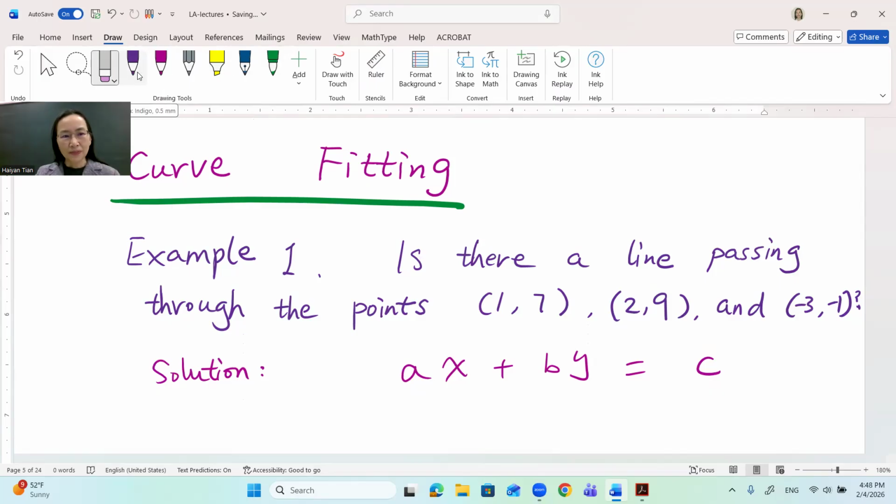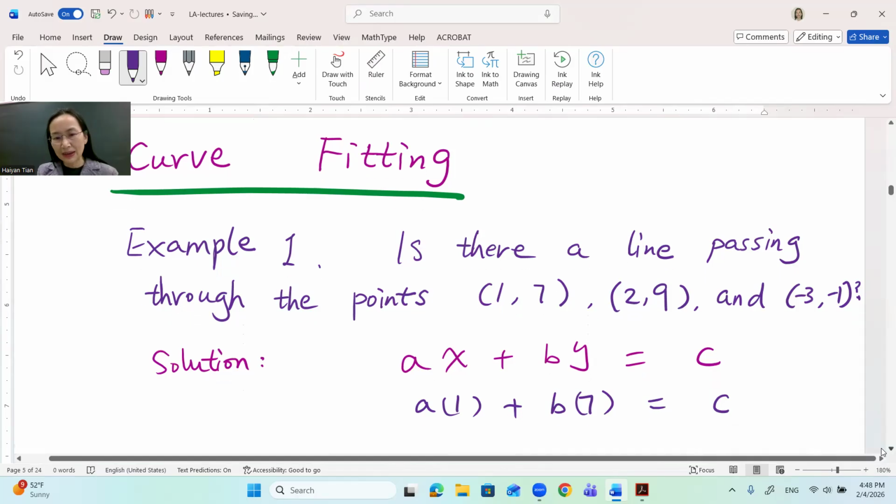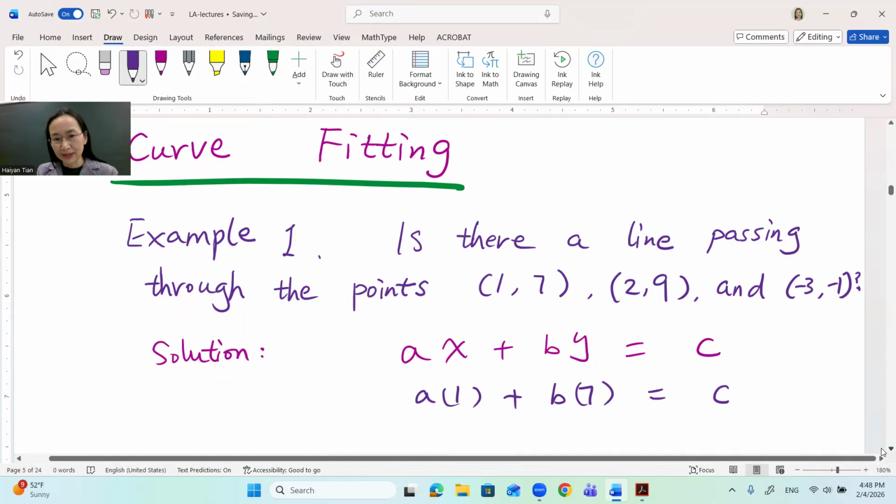In other words, if I replace x with 1 and y with 9, then 1, 9 should be a point of the equation. So let's say a times 1 plus b times 9 equals c. So a, b, c should be such values that this equation will pass through the first point.